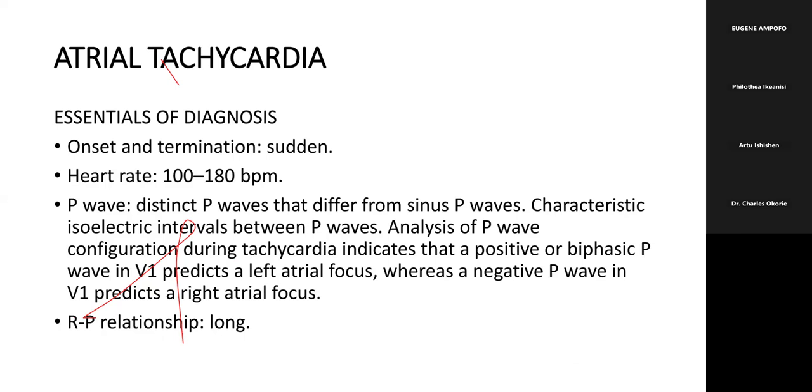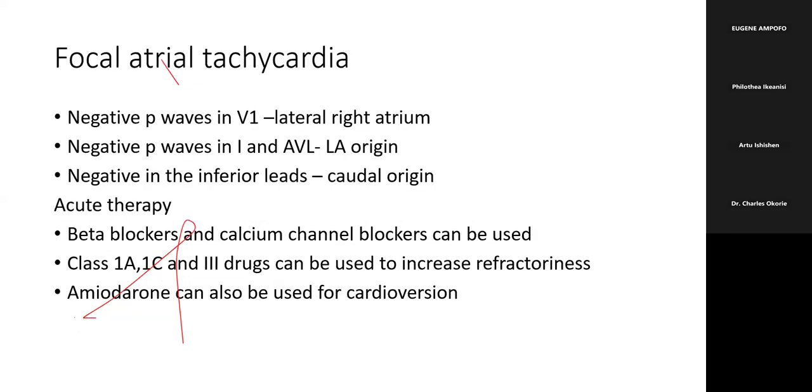Then the next slide. For focal atrial tachycardia, there are some clues that can help us determine the actual location that this tachycardia is coming from. A negative P wave in V1 shows us that it's coming from the lateral right atrium.